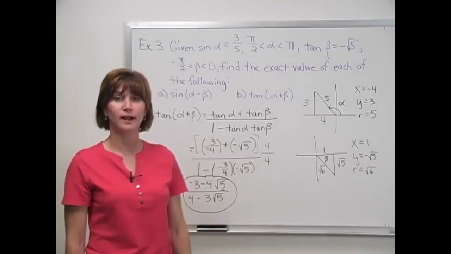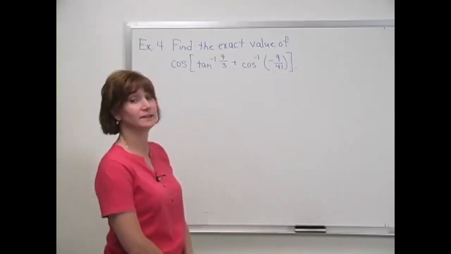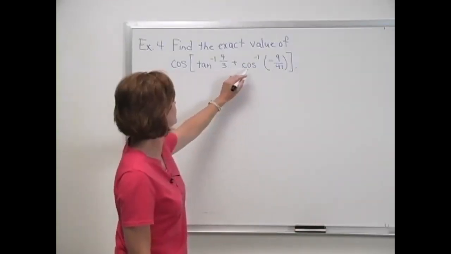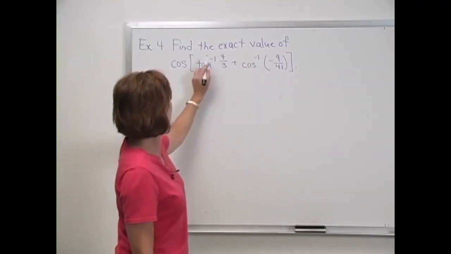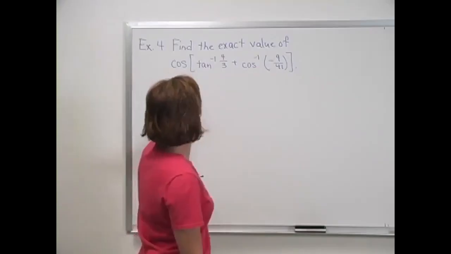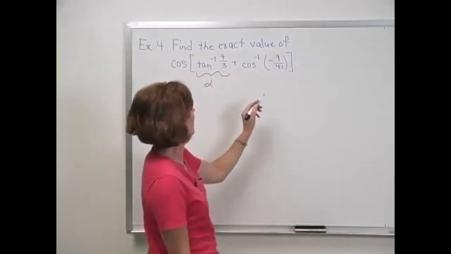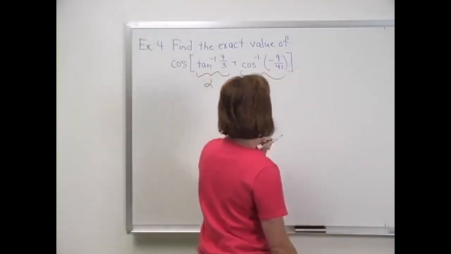Now let's look at one final example. In this example, we want to find the exact value of the cosine of the inverse tangent of 4/3 plus the inverse cosine of negative 9 over 41. Well, we can call the inverse tangent of 4/3 alpha, and we'll call the inverse cosine of negative 9 over 41 beta.